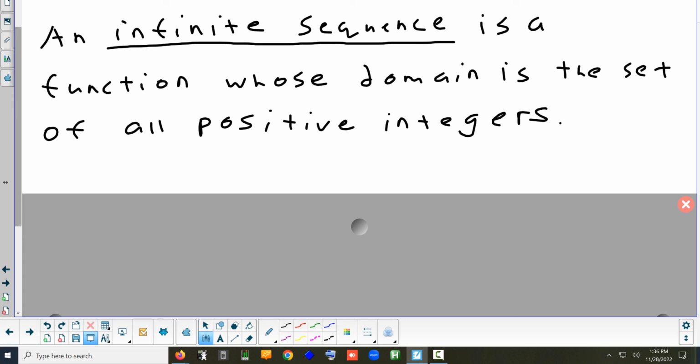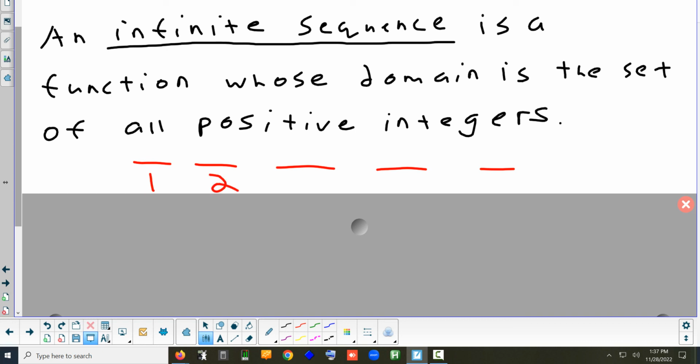Now, when we say it goes on forever, let's pretend that these are positions in my sequence. The first spot in a sequence is called position 1. There's no such thing as position 0. Okay, we don't have position 0. We also don't have negative positions. So the first spot in a sequence is positive 1.